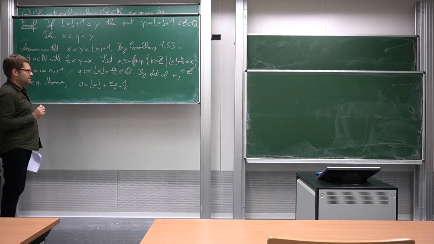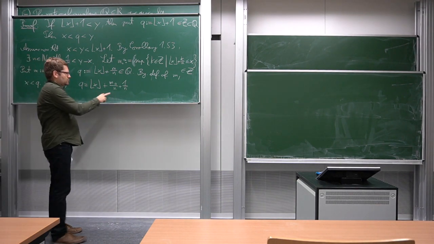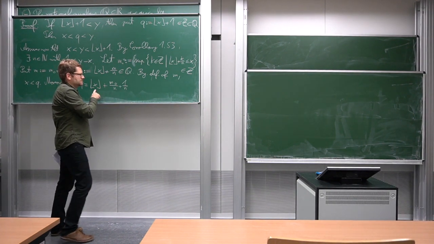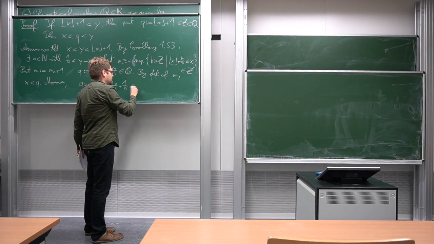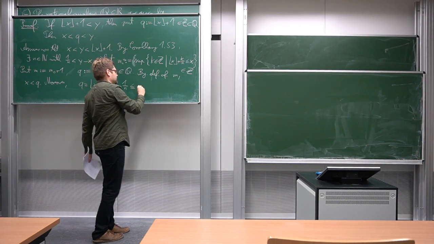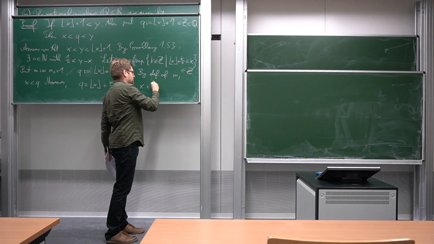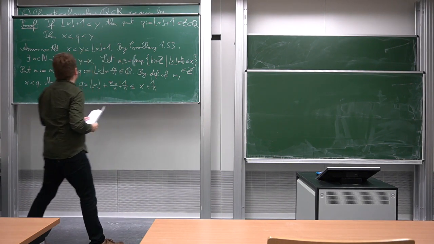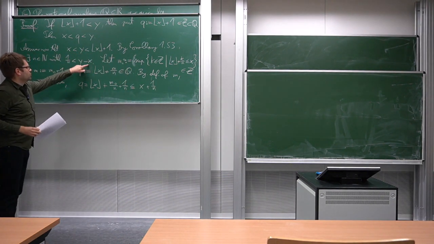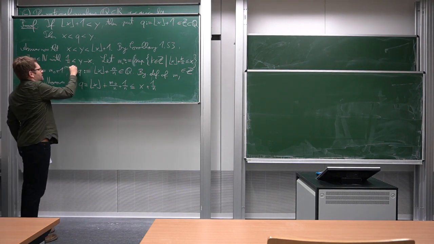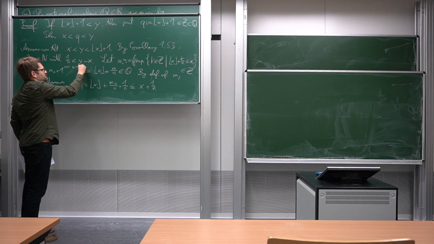This is just how m was defined. And m0 is just defined in this way, such that this here is still smaller than or equal to x. So this, by definition of m0, is smaller than or equal to x plus 1 over n. But we have chosen 1 over n so small that this holds. And if this inequality holds, this means that x plus 1 over n is smaller than y.